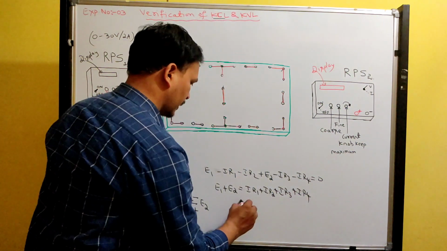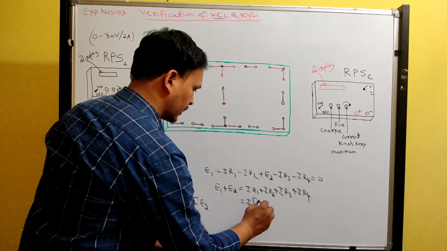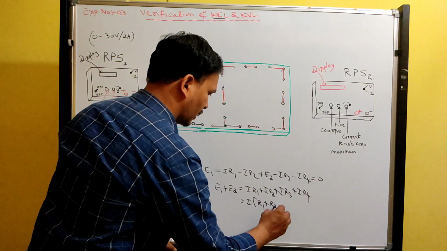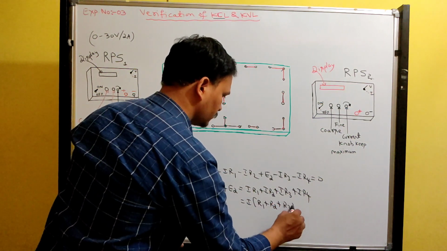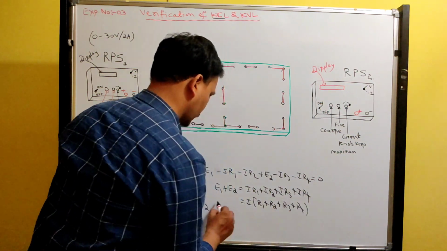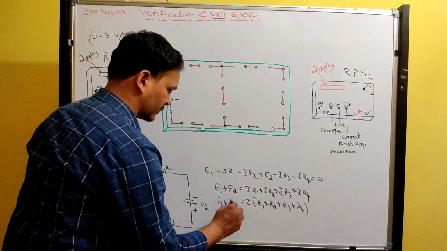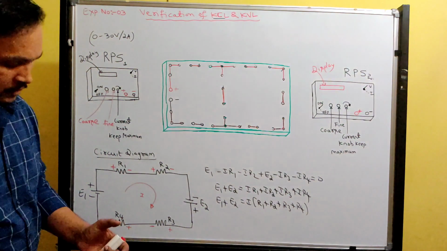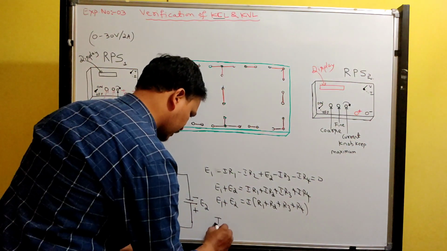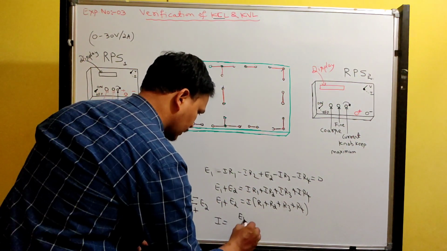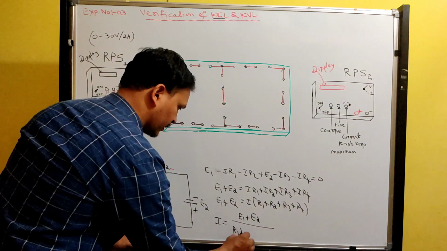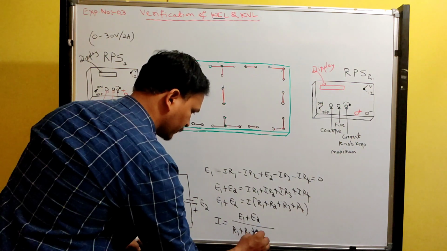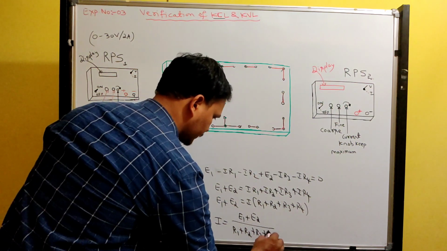Take I as common factor, then you get R1 plus R2 plus R3 plus R4 equal to the left-hand side, E1 plus E2. Now write the equation for current: I equals E1 plus E2 divided by R1 plus R2 plus R3 plus R4.